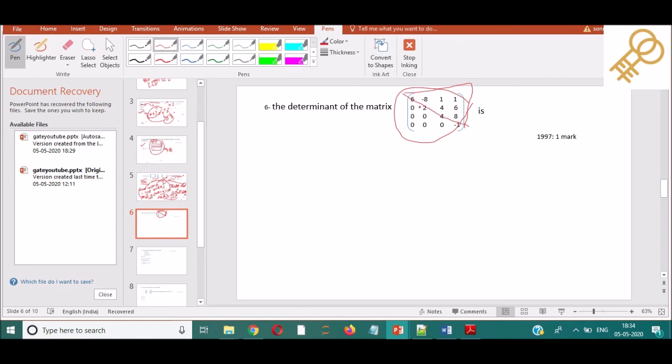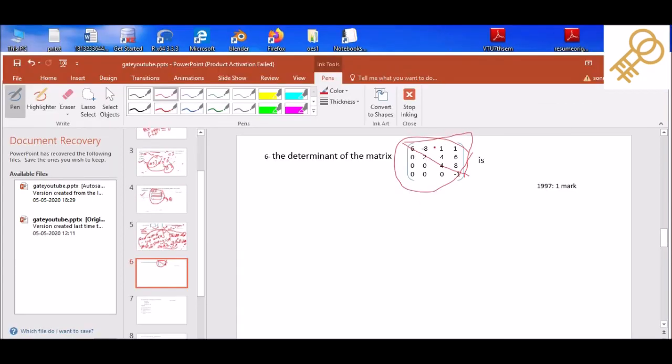The upper triangular matrix is the matrix whose elements below the diagonal are all 0. And the lower triangular matrix is a matrix whose elements above the diagonal are all 0.